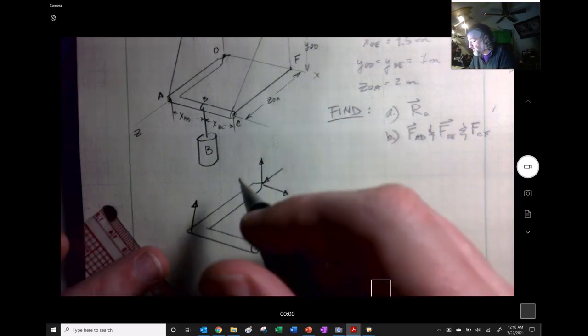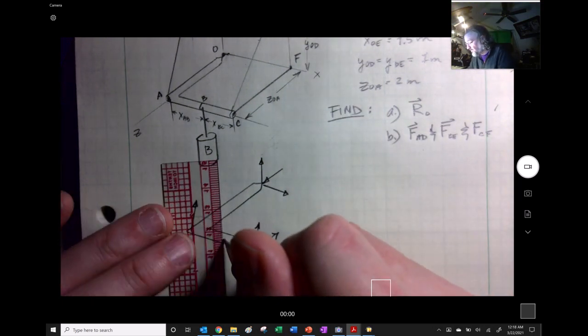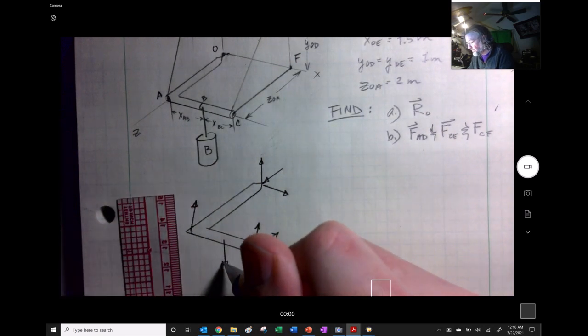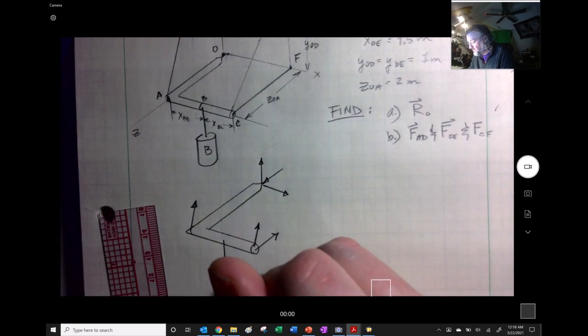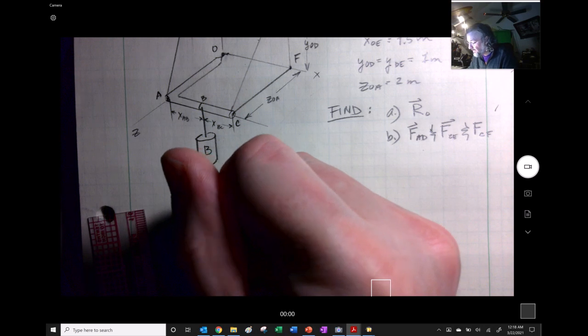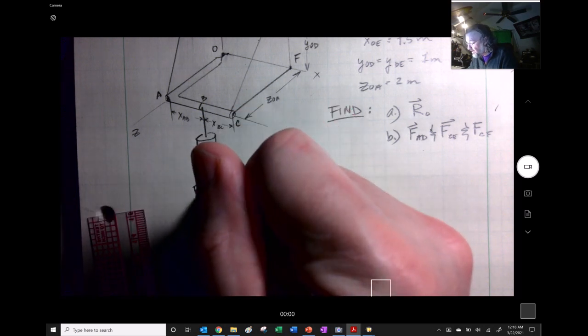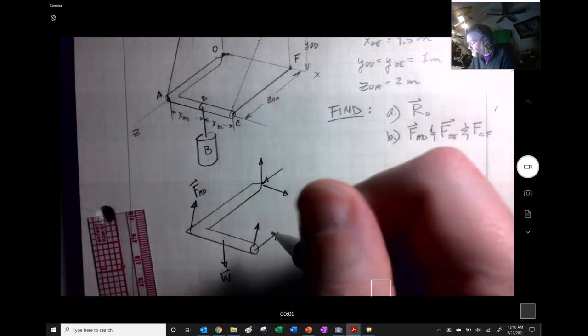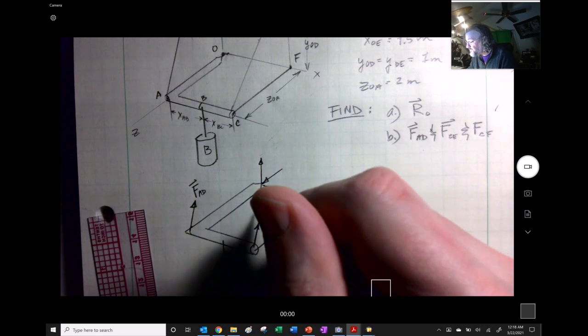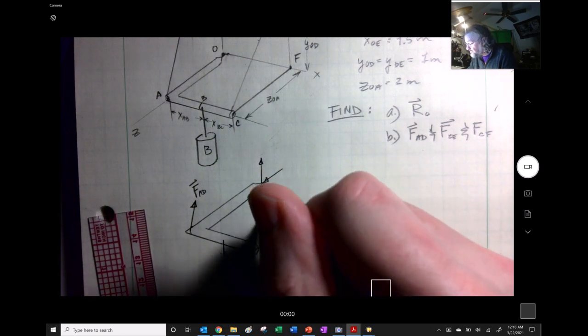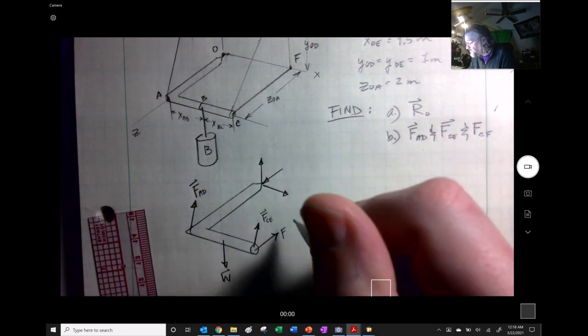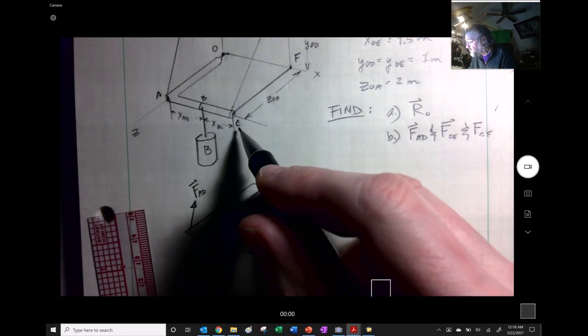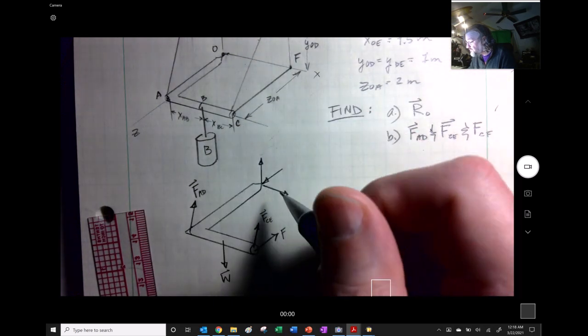Let's see other things. Well, yeah, I need the weight of this thing coming down. So I'm going to have this weight coming down here. I'm going to have this force AD, a force CE, and a force CF.